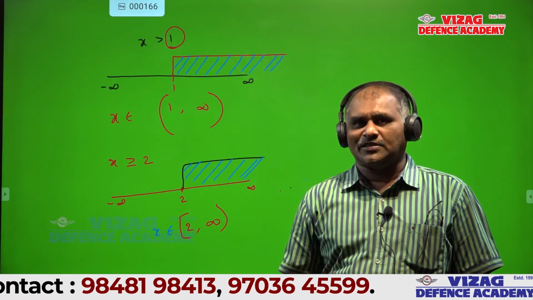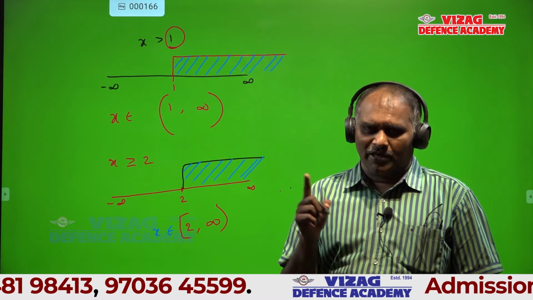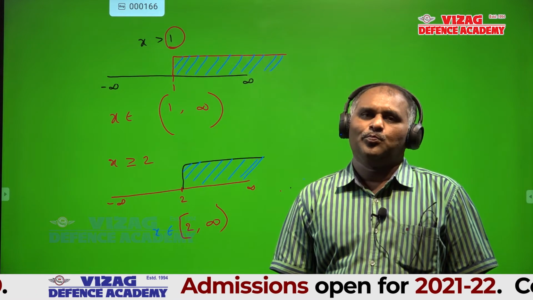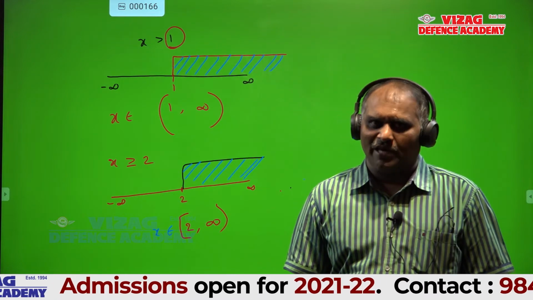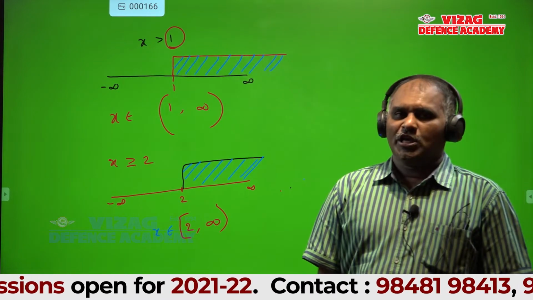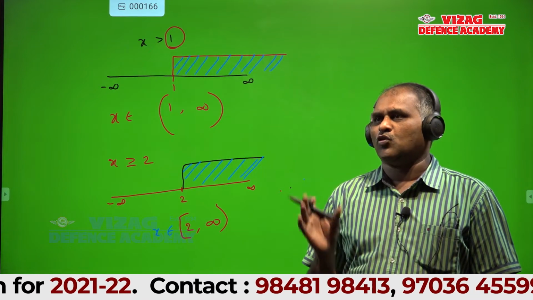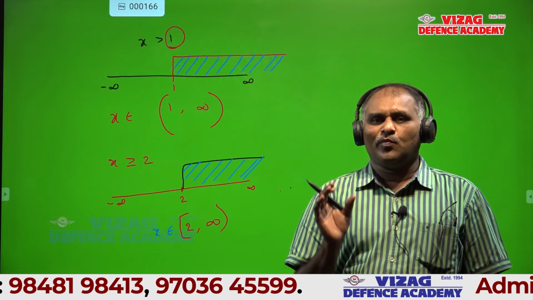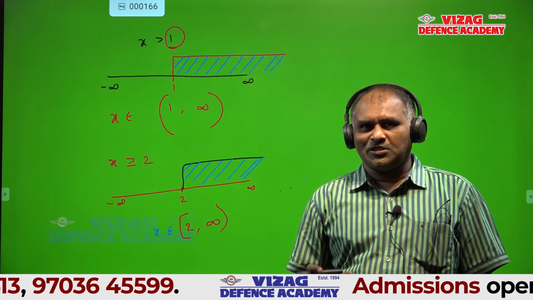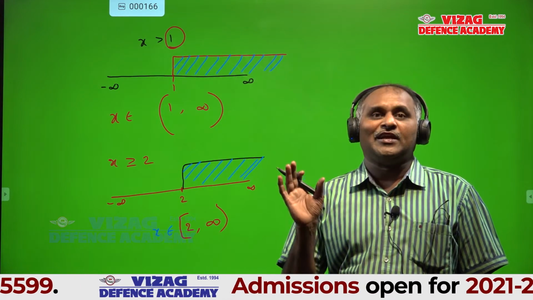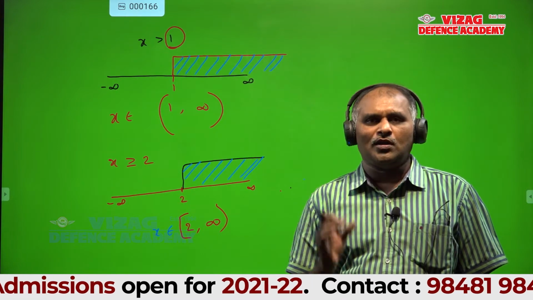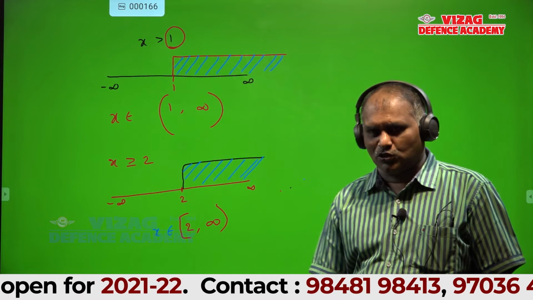In coming classes, quadratic inequalities and functions, one of the important chapters in first year, involve so many questions on how to write intervals. So many students make mistakes, so I will explain one by one, small ones first and then big ones.